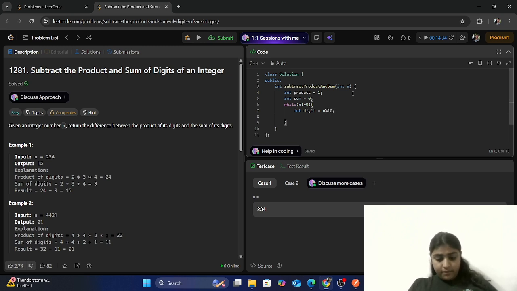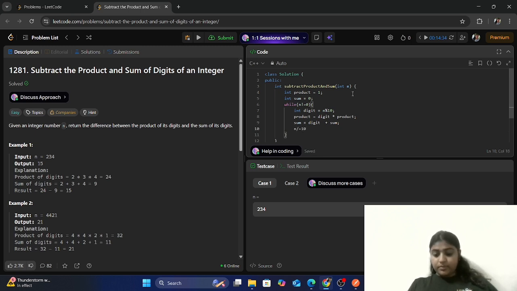And then we will multiply the digits: product is equal to digit times product. Then we will sum the digits: sum is equal to digit plus sum. And then we will divide n by 10.